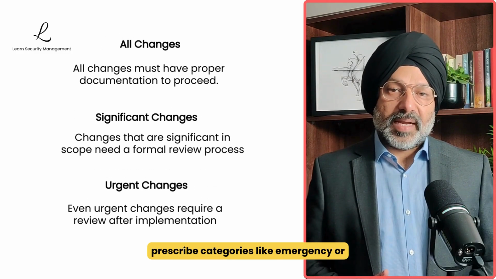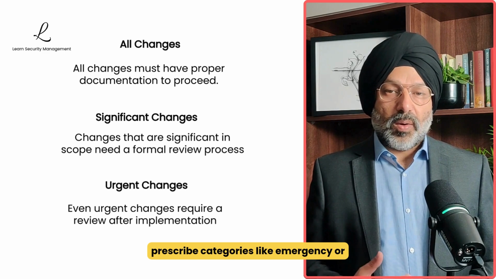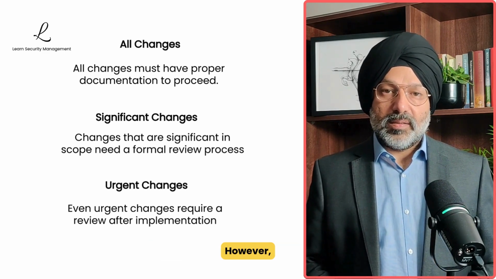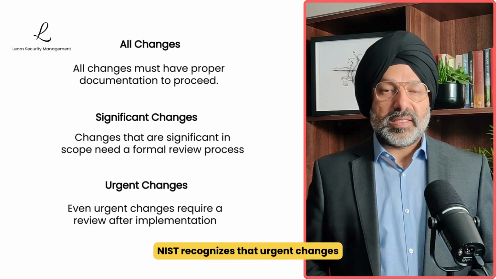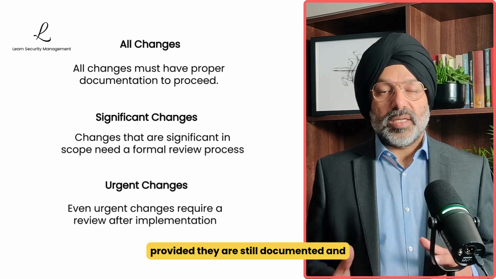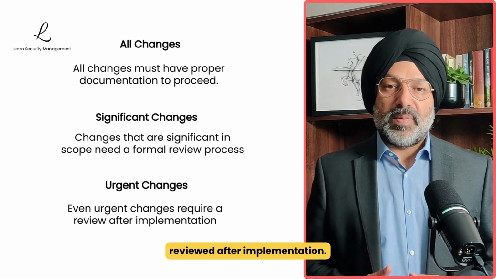NIST does not prescribe categories like emergency or standard. These derive from frameworks like ITIL. However, NIST recognizes that urgent changes may require streamlined processes, provided they are still documented and reviewed after implementation.